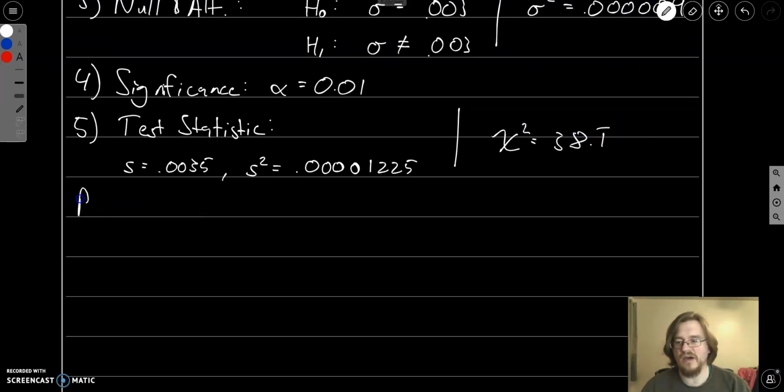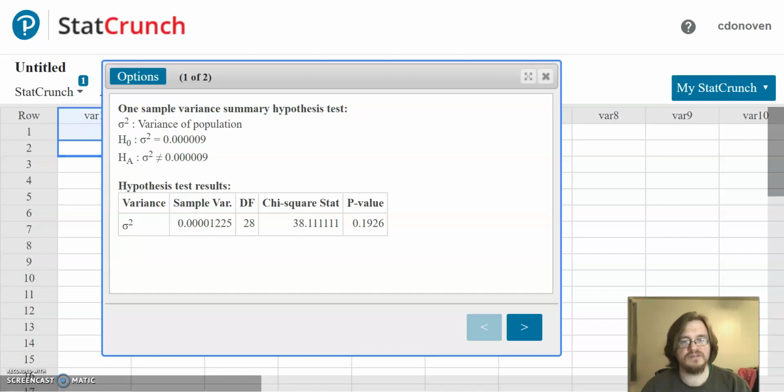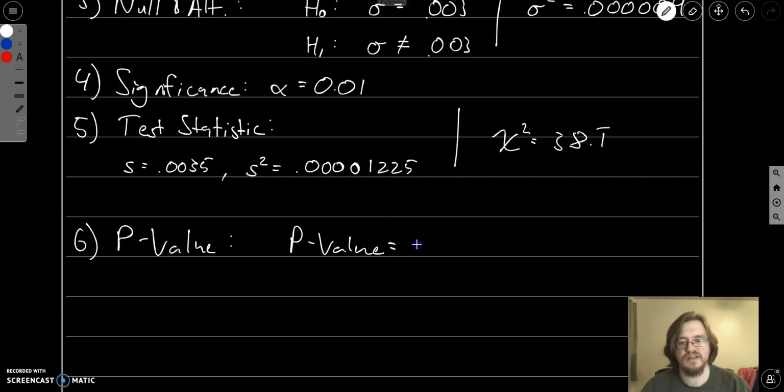Next, we'll need to know our p-value. And in this case, the p-value was calculated exactly for us. It is 0.1926. I imagine that this has had quite a few decimals after that. This has been rounded.